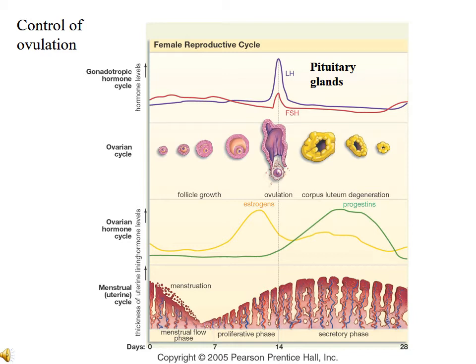So, as we look at all of this, we can see this orchestrated relationship between the pituitary gland hormones, the hormones that are produced by the ovary itself, and how all of this coincides with maintaining the lining of the uterus.